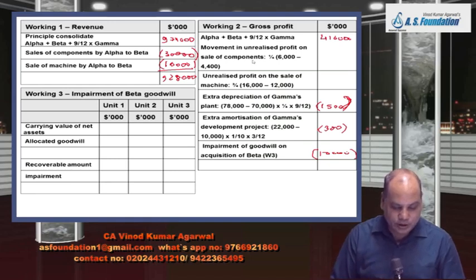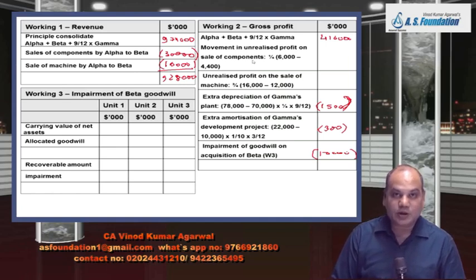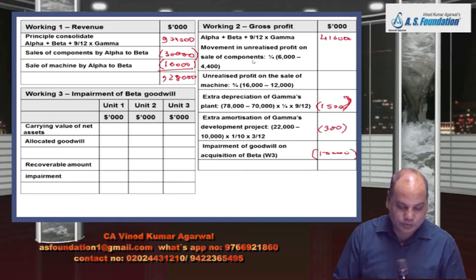Very easy. Alpha supplies a component to Beta, which is used by Beta in the production process. Alpha marks up its cost of production by 1/3 in arriving at the selling price. In the year ended 31st March 14, the revenue of Alpha included $30 million in respect of sale of this component that I have adjusted.